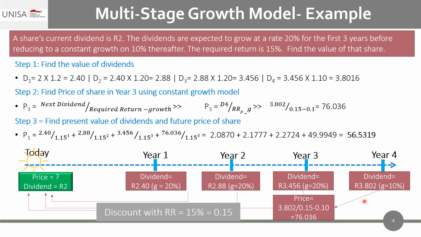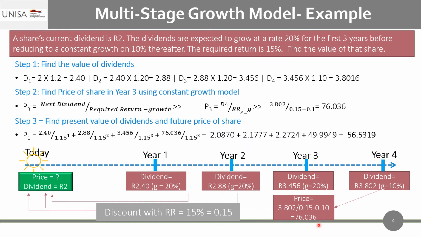So we say 3802 divided by 0.15, which is the required return given here, minus G, which is 10% from the constant period. From year 4, remember the growth is 10%. That gives us 76.6036.